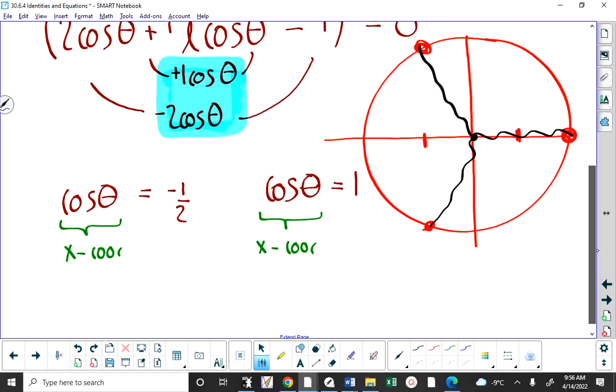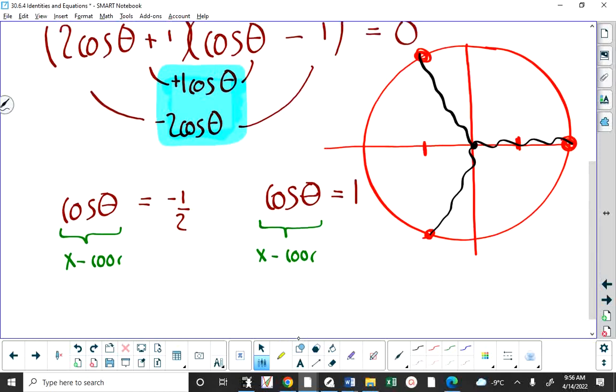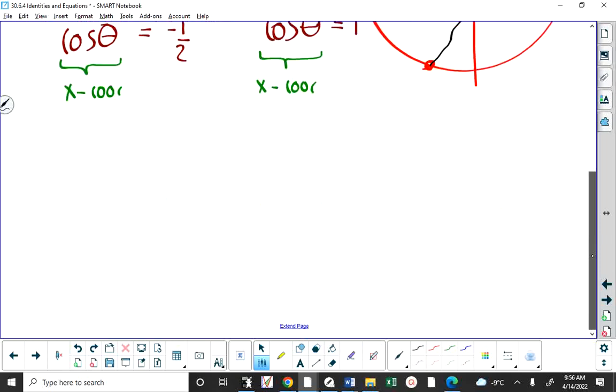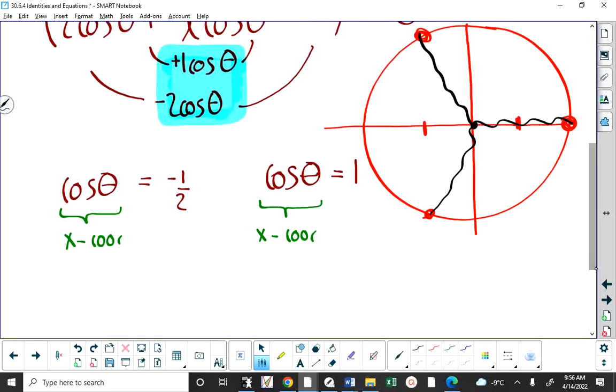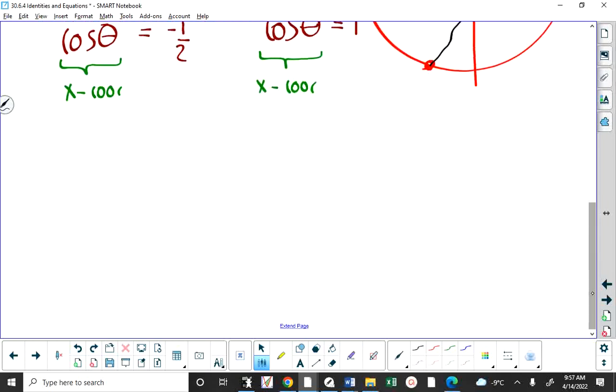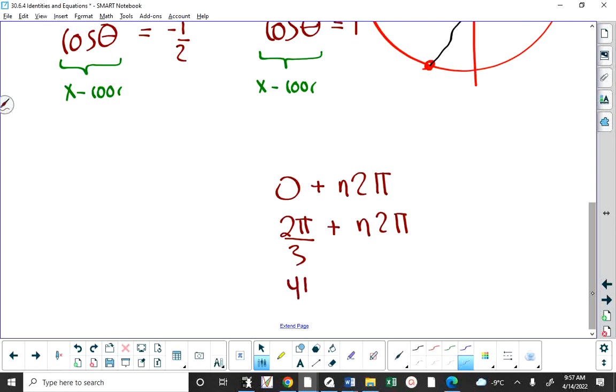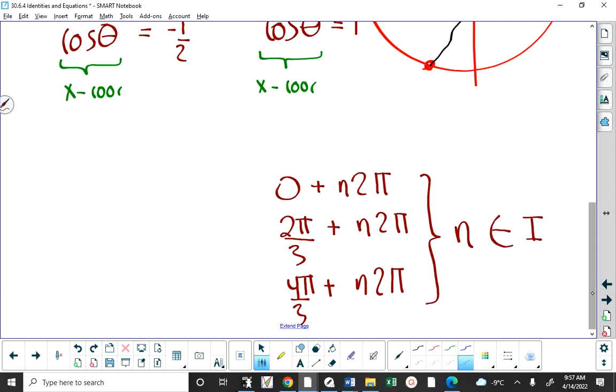So I could say this. I could say 0 plus multiples of 2 pi, 2 pi over 3 plus multiples of 2 pi, 4 pi over 3 plus multiples of 2 pi, and put all of these with an n is an element of the integer number set.